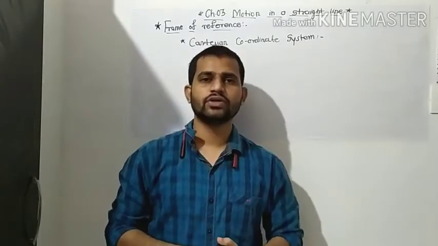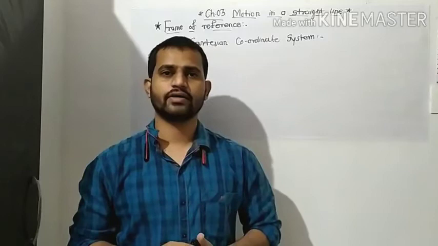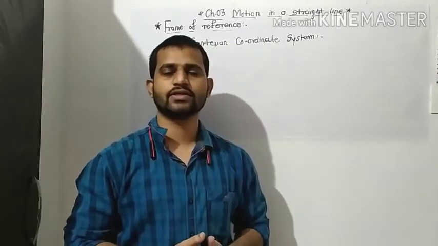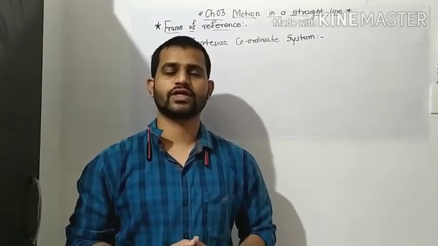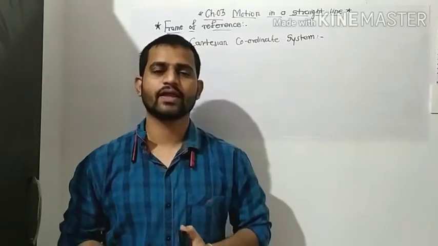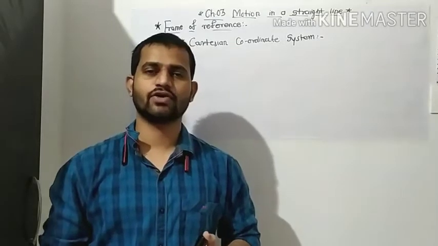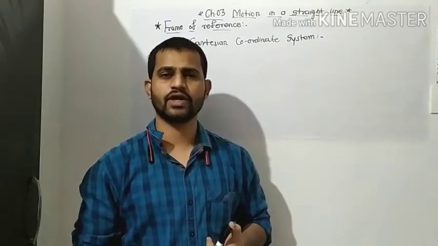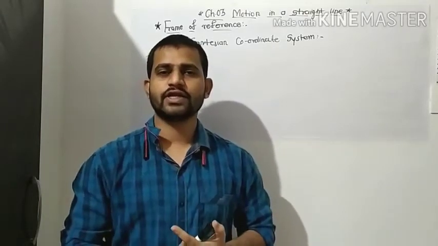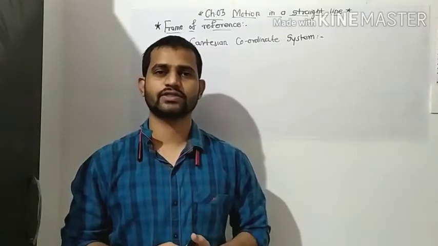To solve this problem, we have accepted one system as the universal system, known as the Cartesian coordinate system. This system depends on our regular universal directions, like east-west, north-south, or up-down, and the x-axis, y-axis, and z-axis of the Cartesian coordinate system depend on these.